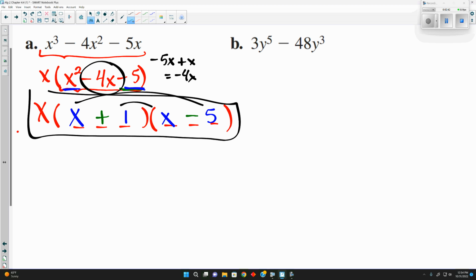Let's look at the next one. 3y to the fifth minus 48y cubed. Is there a greatest common factor between these two terms?